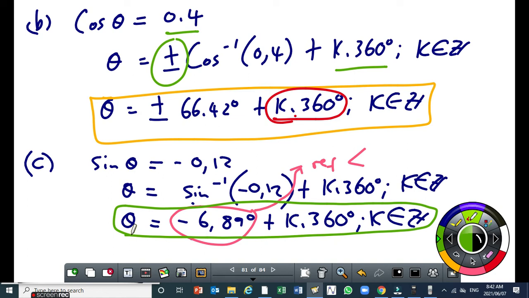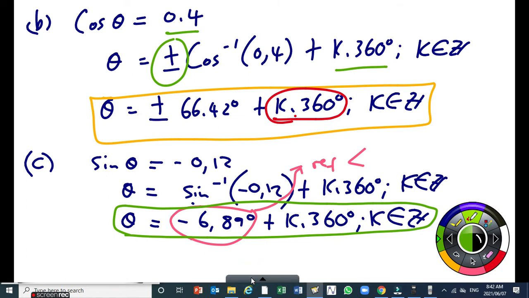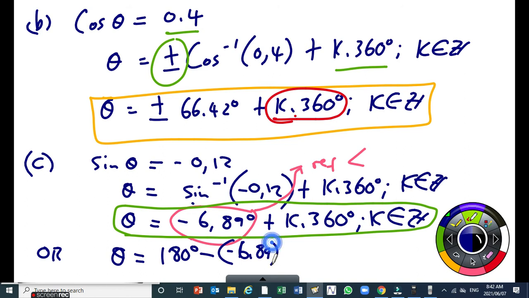So this is the first answer. I'm not done. The second answer, let me write it here, or theta is equal to 180 degrees minus this reference angle here. So 180 minus minus 6.89 degrees plus k times 360 degrees, where k is an integer.